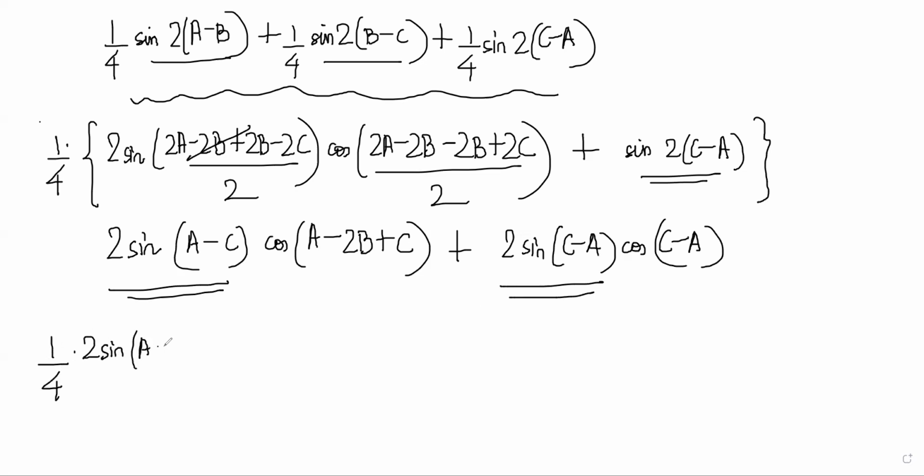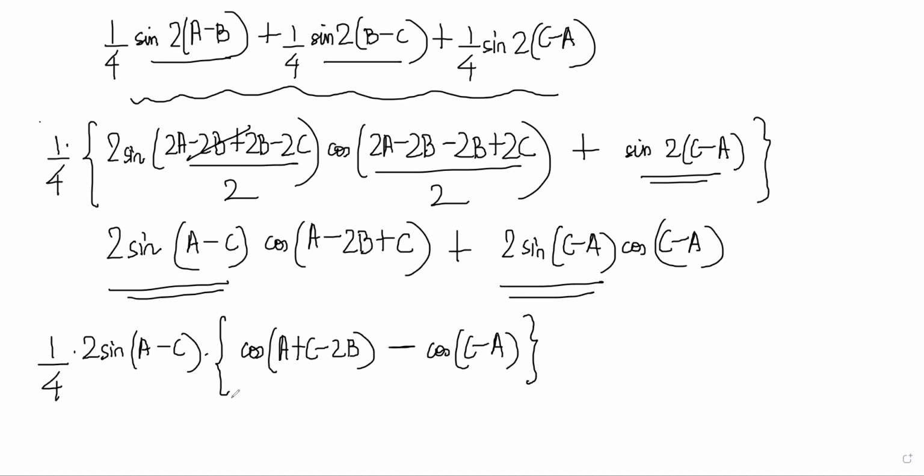I will get cos of A plus C minus 2B minus cos of C minus A, right? Yes, sir. And I will write this as cos C minus cos D, so that is 2 sine of this plus this by 2. So A will get cancelled, C will become 2C minus 2B, and sine of this minus this, C minus A minus A minus C, so C gets cancelled, minus 2A plus 2B, so it is B minus A, right?